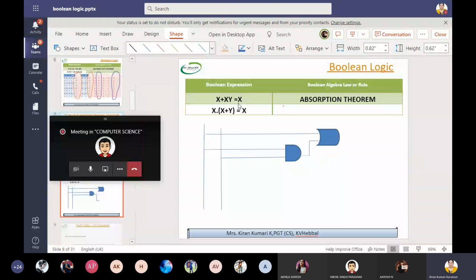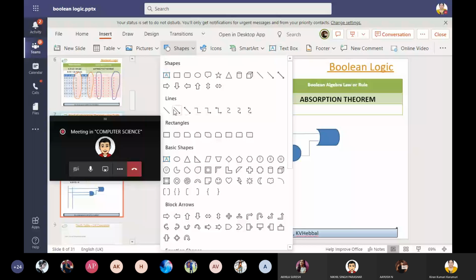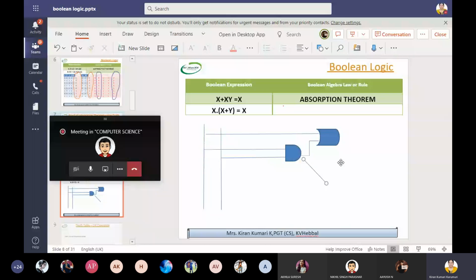So now the final output will come. Got it, children? Now quickly draw it in your notebook. Now let me label them.